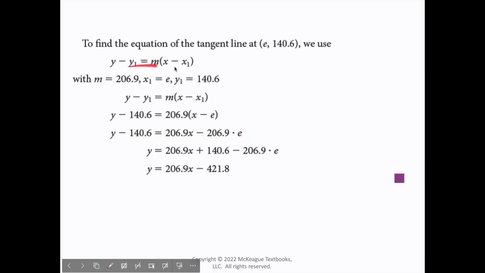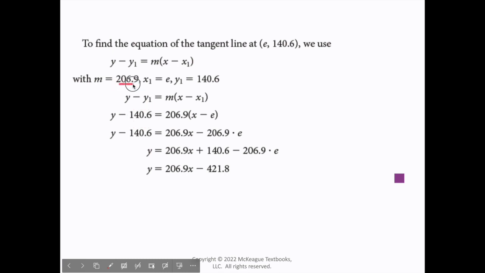So now to find the equation of the tangent line, we know the point on the function. We know the slope. This was approximated using a decimal. And so using point slope form, I plug in my y1 and my x1. This is the point on the line, so this is what we're going to use for x1 and y1. So e goes in for x1, and 140.6 goes in for y1.